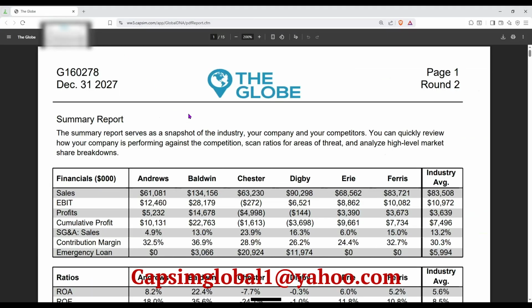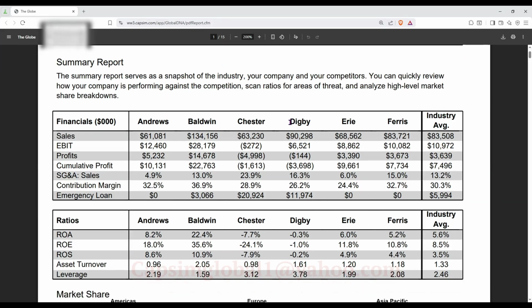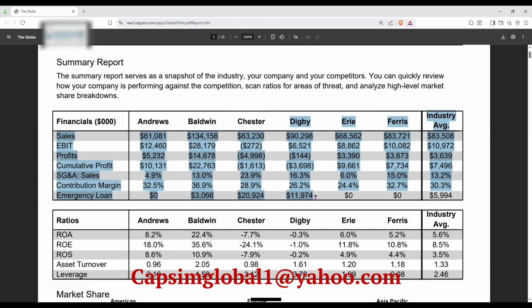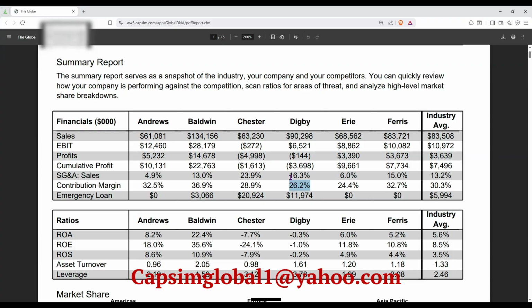So if we go to the globe, this is the round 2 report, and it represents the year 2027. So we are company Digby, and this is our report summary. We have an EBITDA of 11,974, and contribution margin at 26.2%.